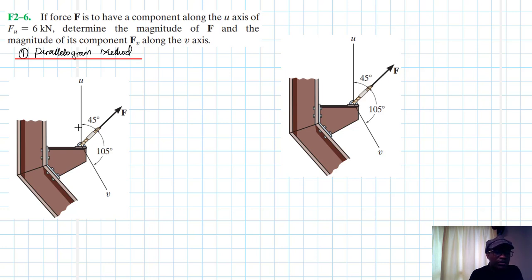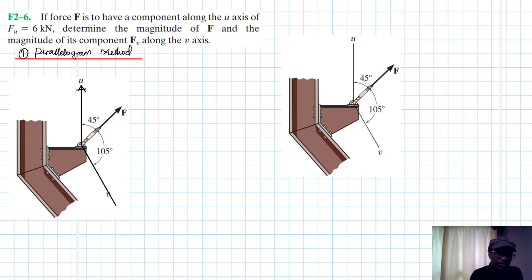So we have the two child vectors. One vector is going to be this one. Let's draw it up to there. Then another vector is going to be this one. Let's draw it up to there.